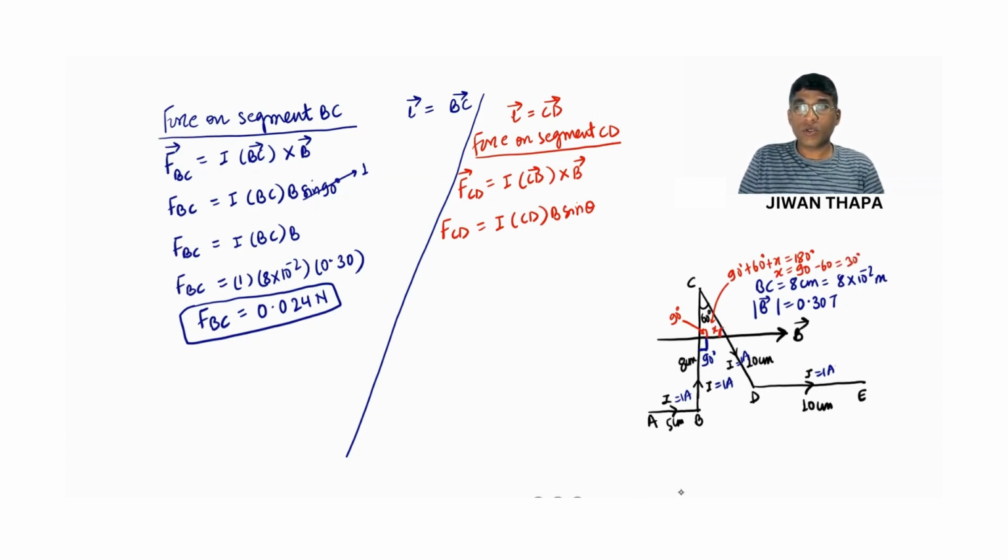So we have this. If this is 30, I'm writing over here, X equals 30. Then this angle is also 30 degree.